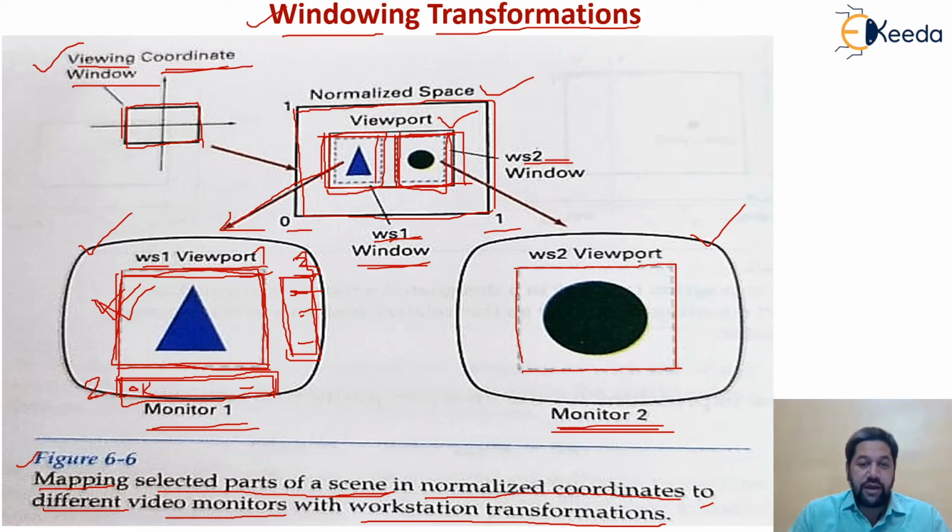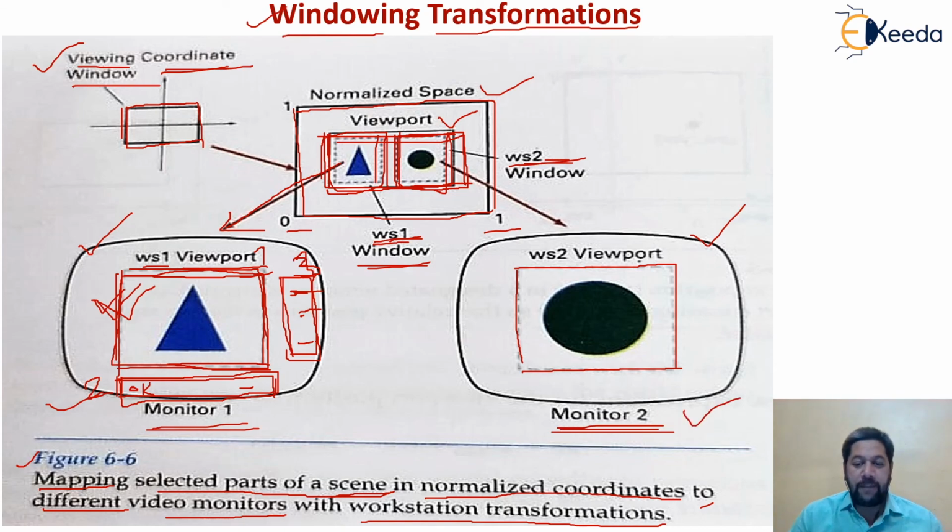Now this diagram is an advanced diagram because it also shows that the viewport cannot be directly displayed on the screen, but it may be divided into different parts, and I can call them workstation 1 and workstation 2. I can send workstation 1 to one monitor screen and display workstation 2 on another monitor screen.